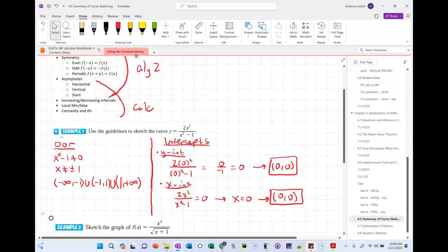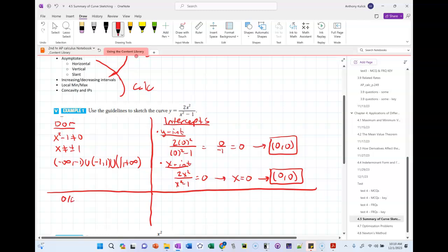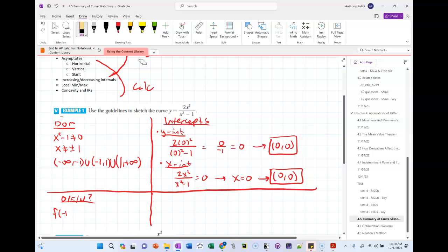Let's look at the symmetry. Odd, even, neither. I know it's not periodic because it doesn't have a trig in it, right? Everybody's okay with that. So to tell if something is odd, even, or neither, we're going to do, oh, not f of negative 1. I meant f of negative x.